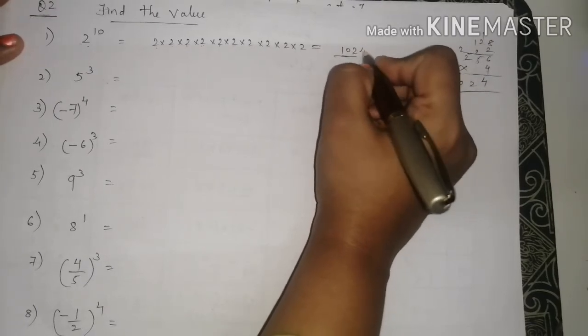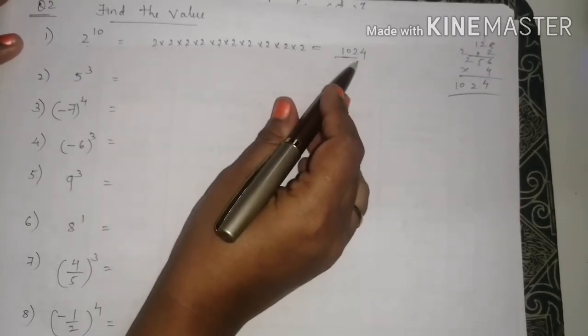If you multiply all these together you will get the answer 1024.